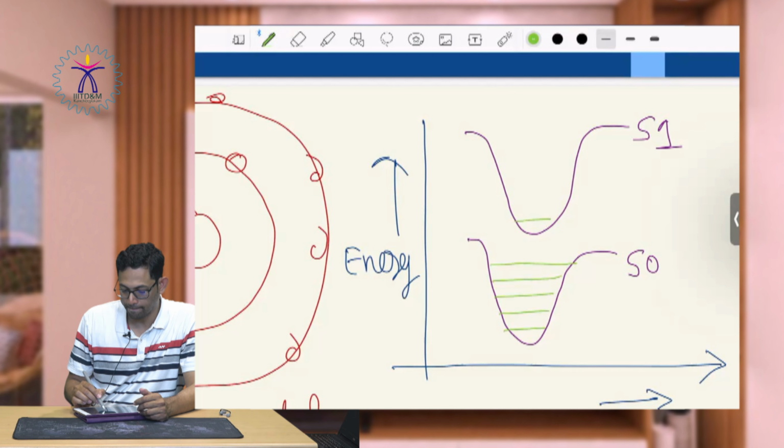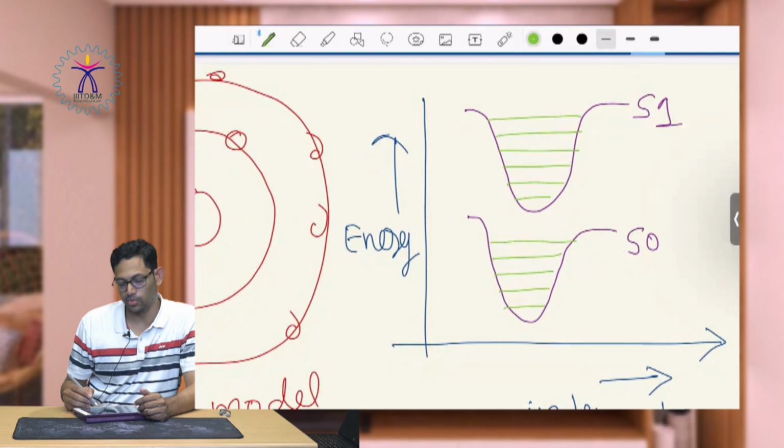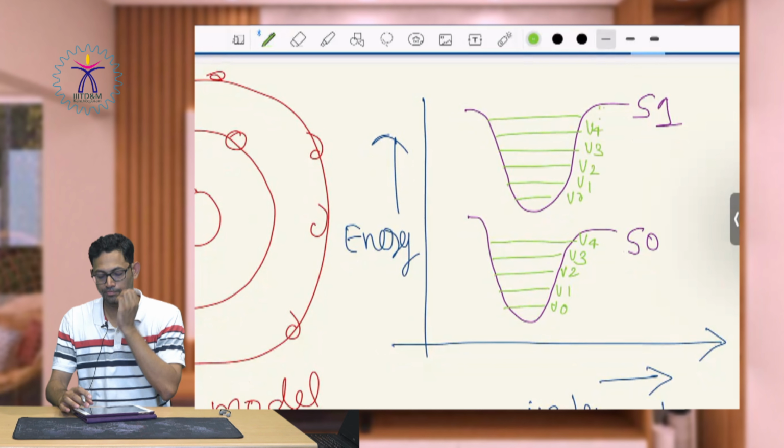Okay, these levels are known as vibrational levels. So the vibrational levels are V0, V1, V2, V3, V4, and so on and so forth. Similar to this, you have V0, V1, V2, V3, V4, and so on and so forth.